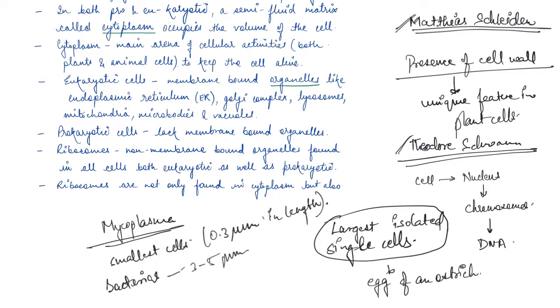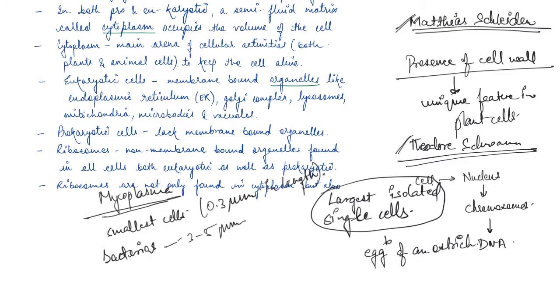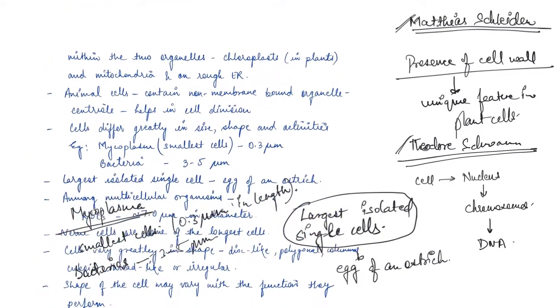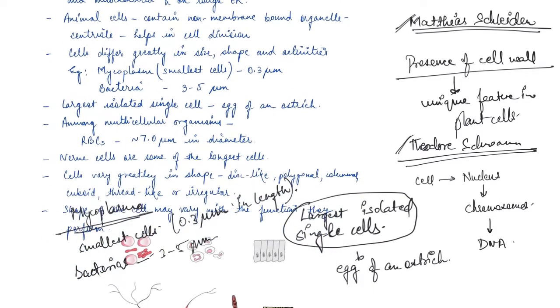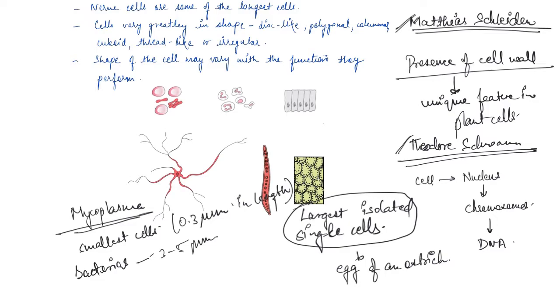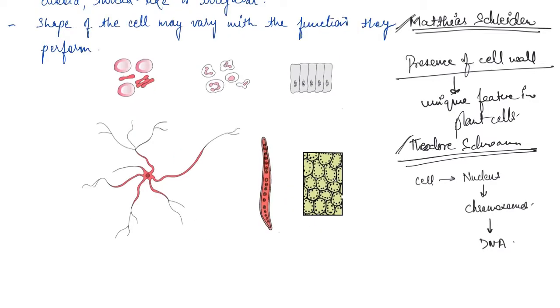Now again, apart from that, we have a lot of different types of cells in multicellular organisms, like even humans, right? So these are some of the cells. Let's see this as well once. What you can see here are the human red blood cells.